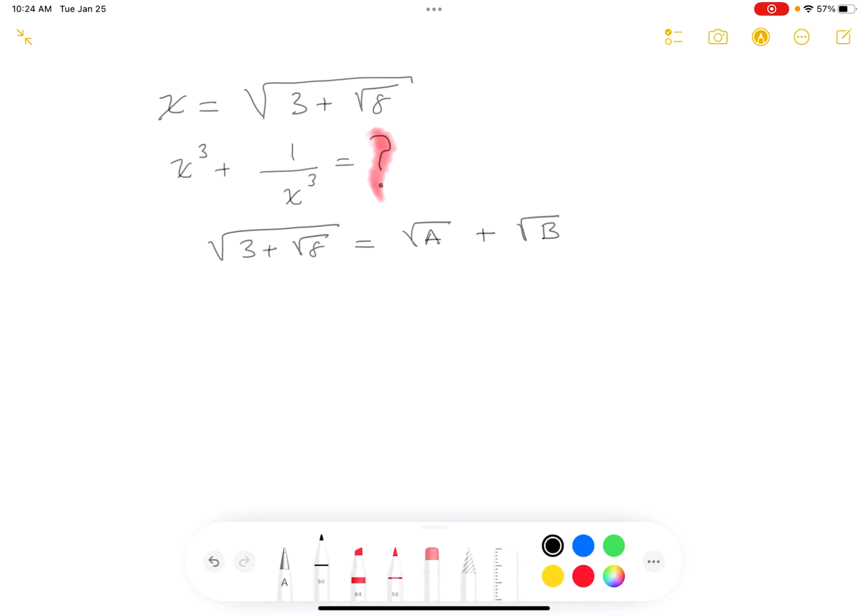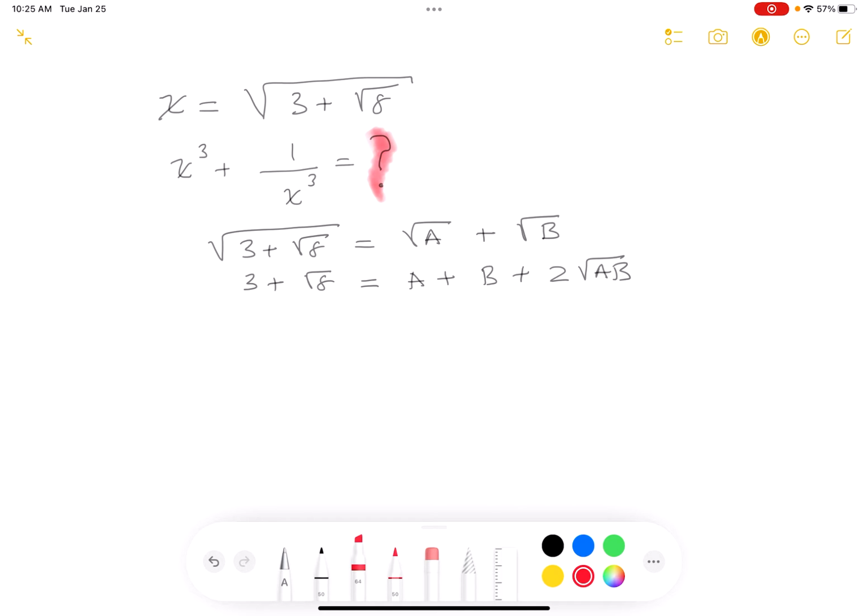I'm going to square both sides. And if you square the right side, you would get A plus B plus 2 root AB. And what I'm going to do now is equate the terms on the left and the right.